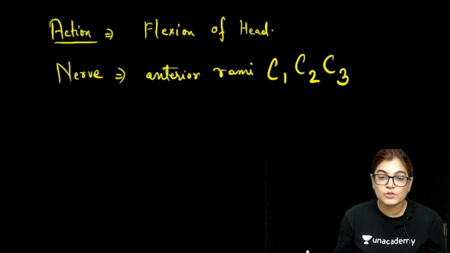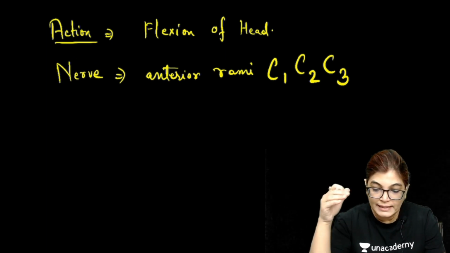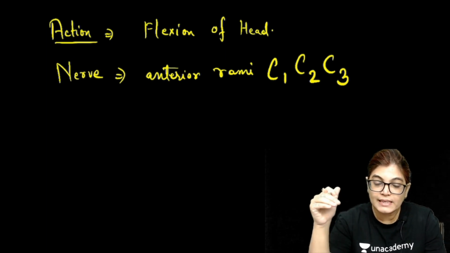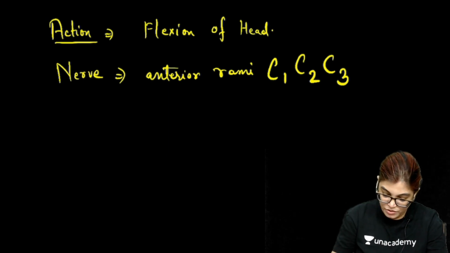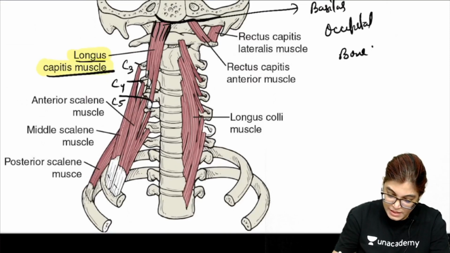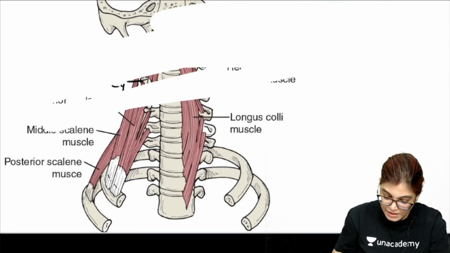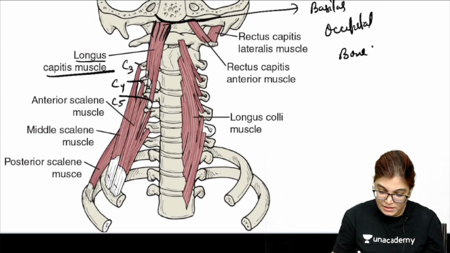Now what remains? Two more muscles, the rectus capitis anterior and rectus capitis lateralis. So let's see the muscles, again moving to this diagram. I want to explain firstly, and then I will write down the details.